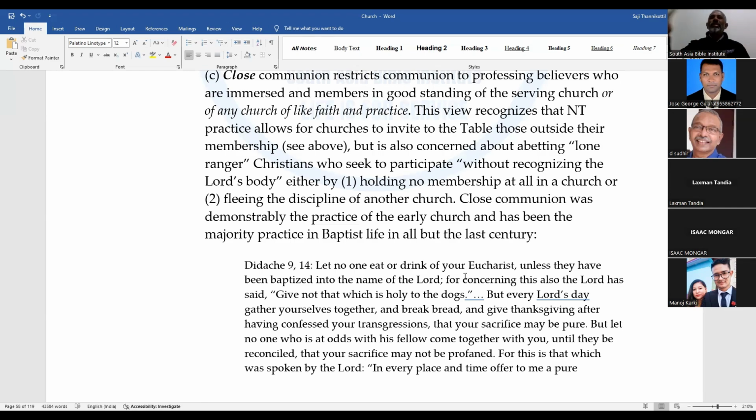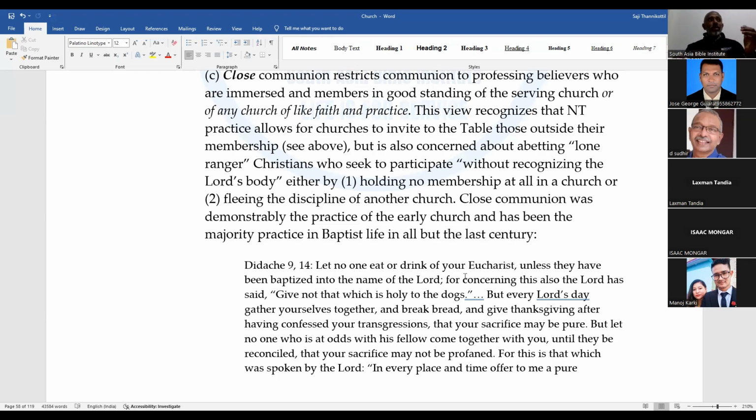The phrase 'break the bread' is the key term used for the Lord's table throughout. And so he's not a member of the church at Troas. He's not a member, but he's partaking. So that is the evidence for close communion.